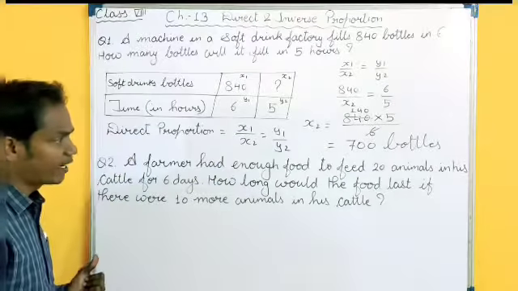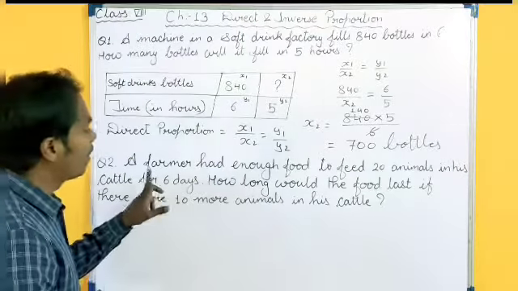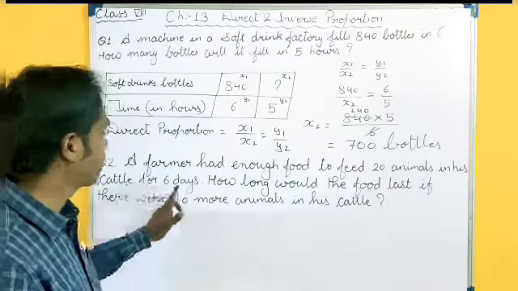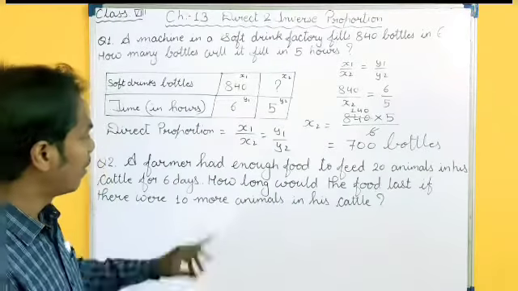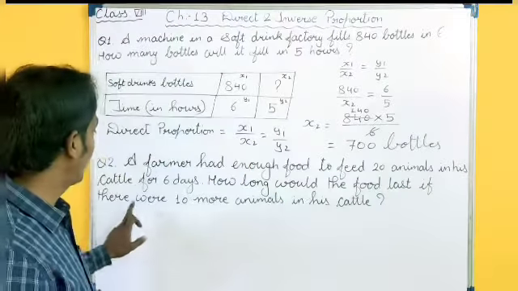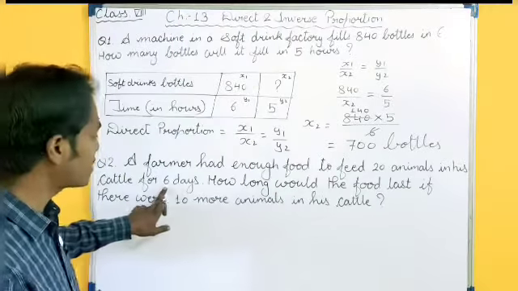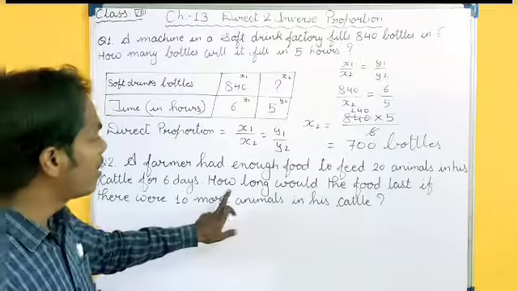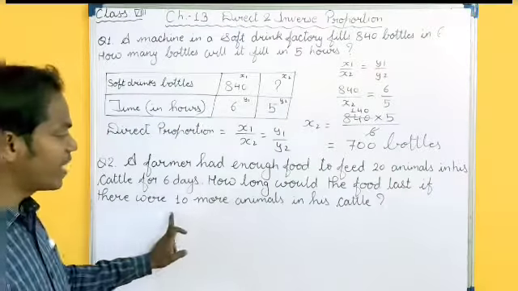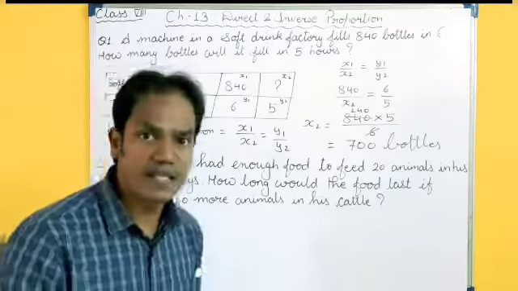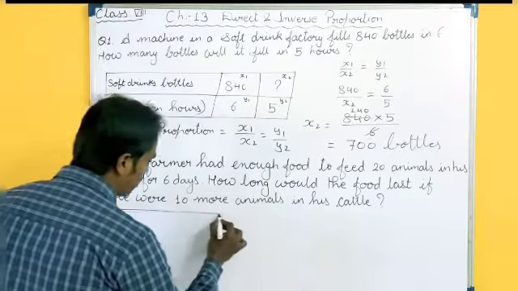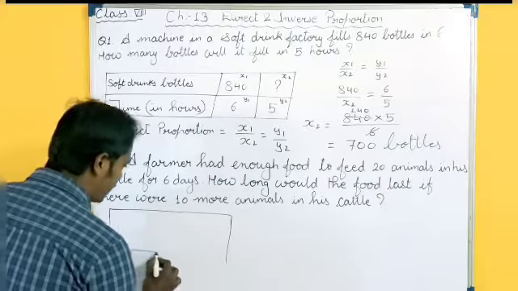Okay. Second question, let's read it. A farmer had enough food to feed 20 animals in his cattle for 6 days. A farmer had food for 20 animals and that can last for 6 days. How long would the food last if there were 10 more animals in his cattle? So let's make one table so it becomes easy for understanding.